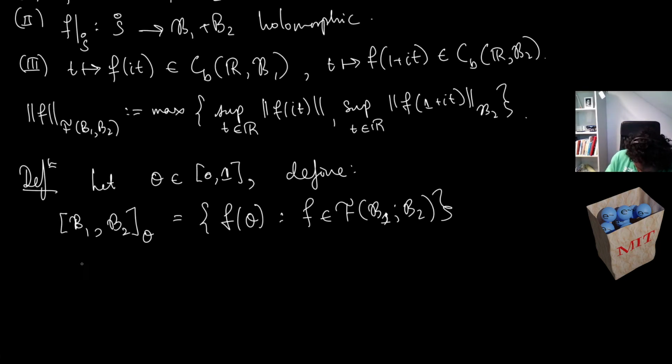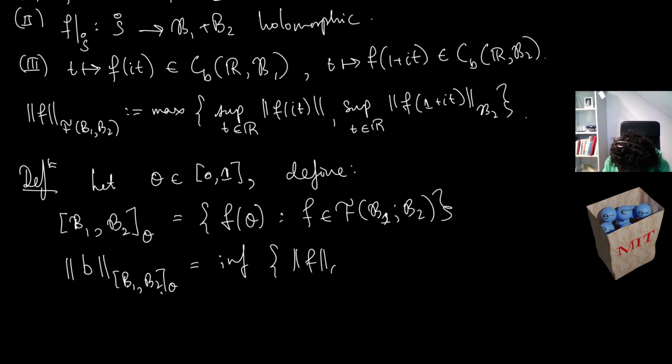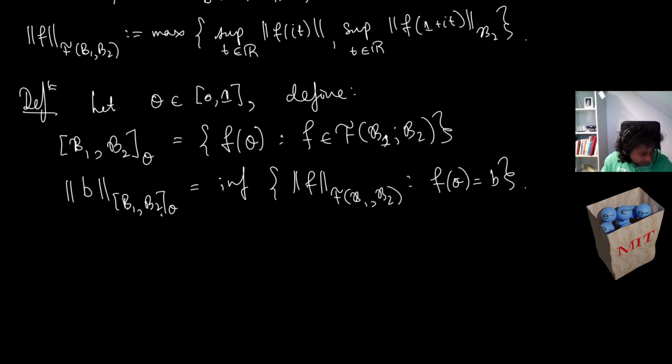And so what's the norm? I want to give this a norm; the norm of b in B1, B2, theta is the infimum over all f in this function space such that f of theta is equal to b. And this is a Banach space. Okay, so that's what we're going to define.